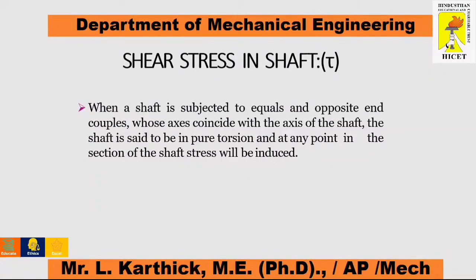When it happens, the shaft is purely in torsion at any point in the section. There the stress will be induced because of this pure torsion. That stress is called shear stress in the shaft. We denote it in terms of tau.